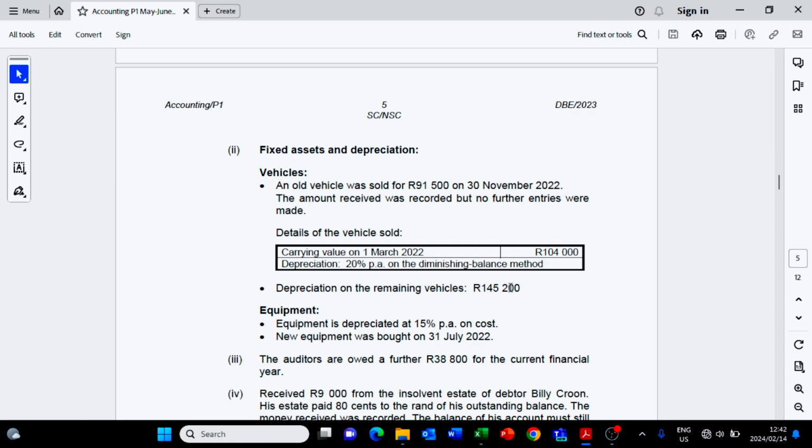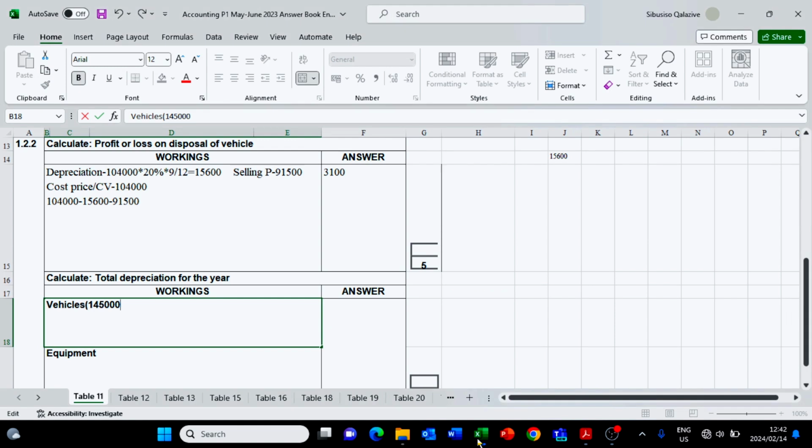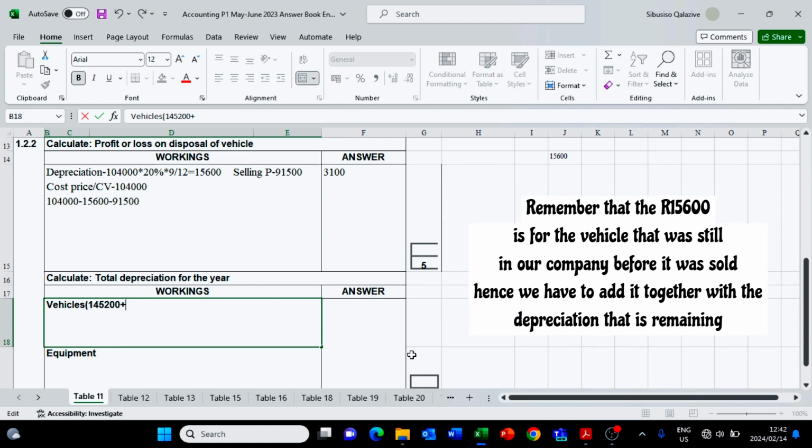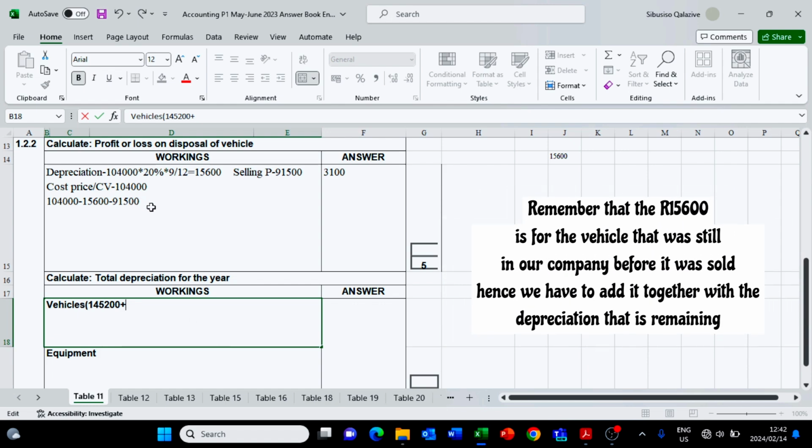It's 145,200. We're going to add it together with the depreciation that we calculated here for the vehicle that was sold, which is the 15,600. Are we together?